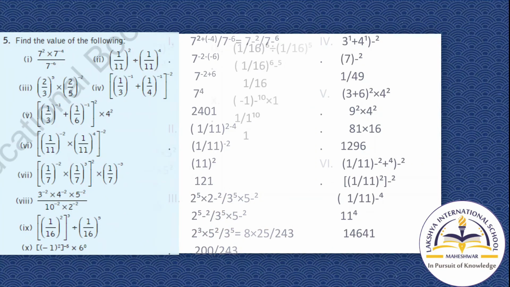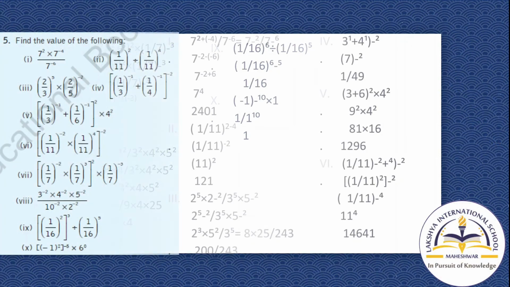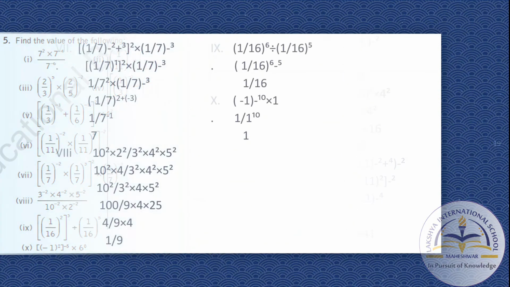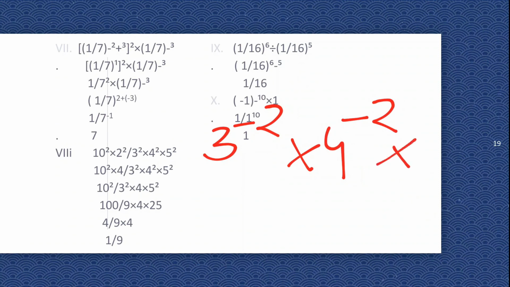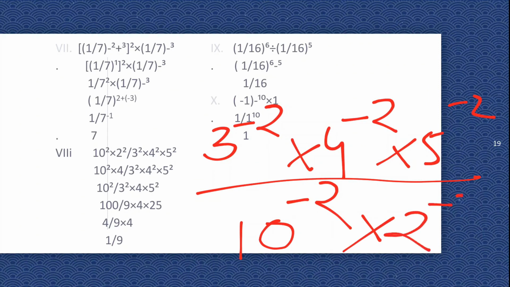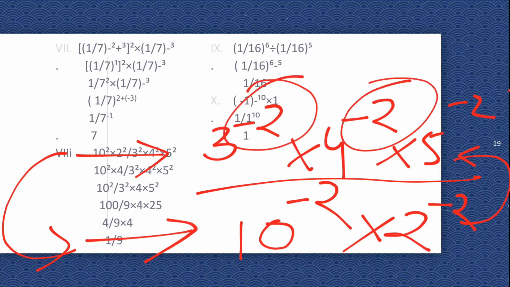Now we will solve question number 8 here. Here you have to solve them separately, or you can transfer them. If you can see in question, 3 raised to the power minus 2, 4 raised to the power minus 2, 5 raised to the power minus 2. Now here 10 raised to the power minus 2 into 2 raised to the power minus 2. So when we convert numerator to denominator and denominator to numerator, all the signs will become positive.